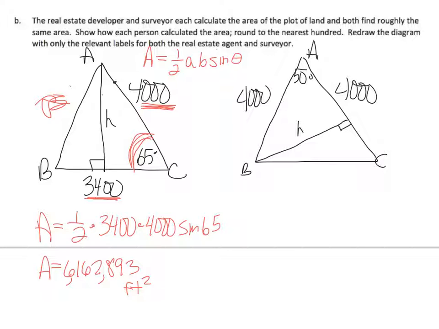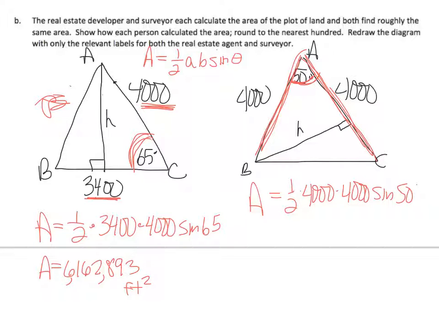If you look, I included only the sides and the included angle, and I can use the same equation. So to find the area, I've got the two adjacent sides with the included angle. So area equals 1/2 times 4,000 times 4,000 times sine 50 degrees.